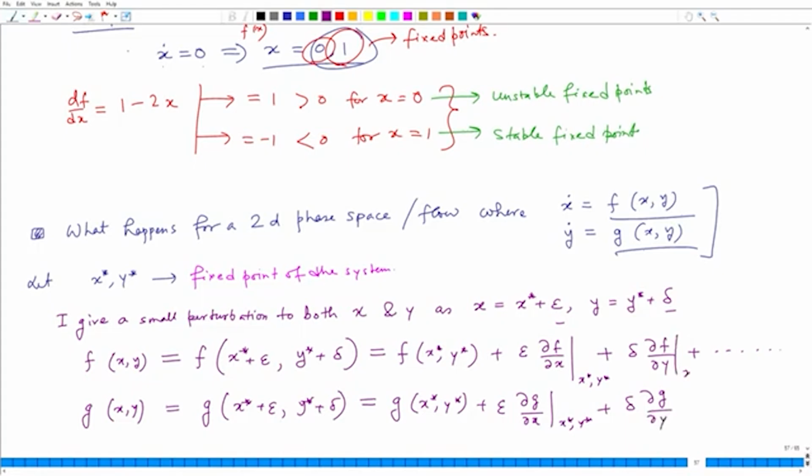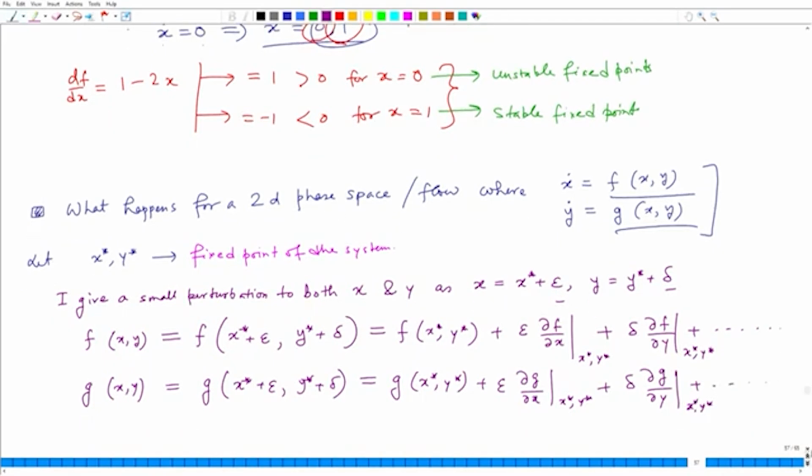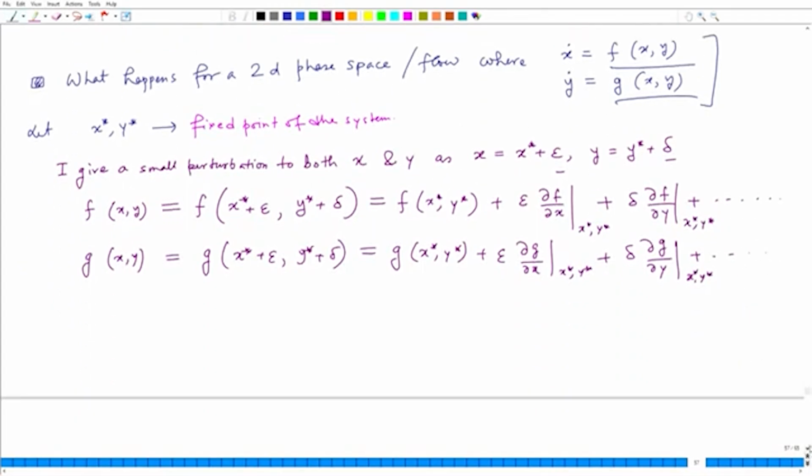I forgot to write that this should also be evaluated at x star, y star, and I neglect for the time being all the higher order terms.